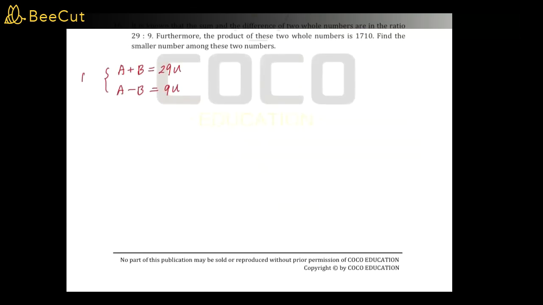Okay, so when added together, this gives us 2A. The B's cancel each other, so 2A is 38U, so A is 19U. Then subsequently, we can find that B is just 10U.